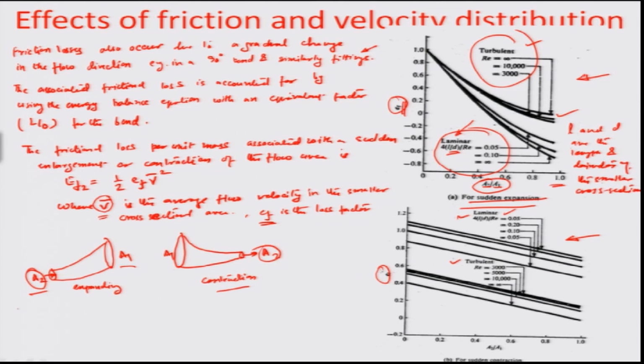So for laminar flow, the length L and diameter D, as you can see in most of the cases, whether it is an expansion or contraction, you have an inclusion of this L by D factor here, and they are that of the smaller cross sectional area.